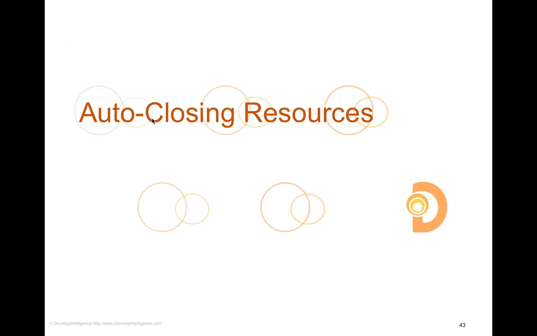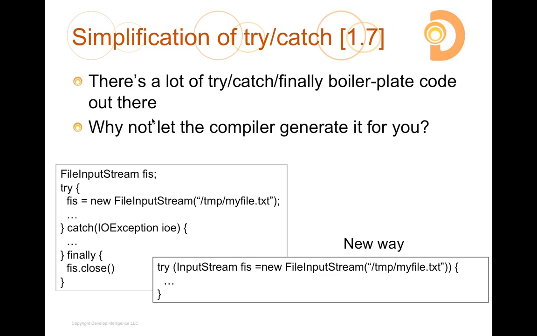One of the major features added in Java 7 is the idea of an auto-closable resource. If you've been writing Java code for a while, you are familiar with the boilerplate try, catch, finally code from hell, where you have a number of catch blocks to deal with a try, or you open up a resource, use it in the try, and your catch only does one thing, and that's closing the resource.